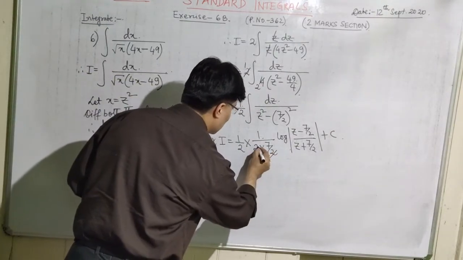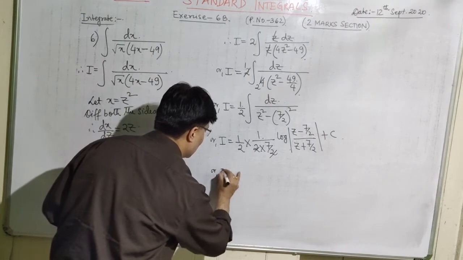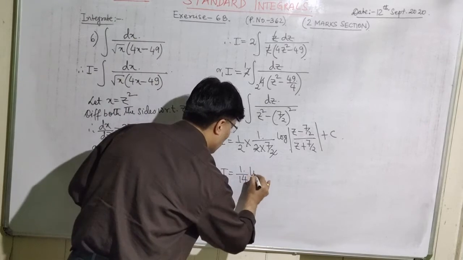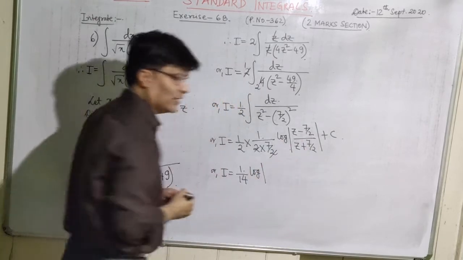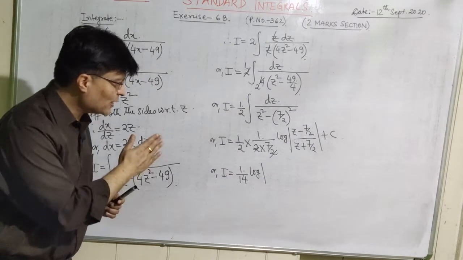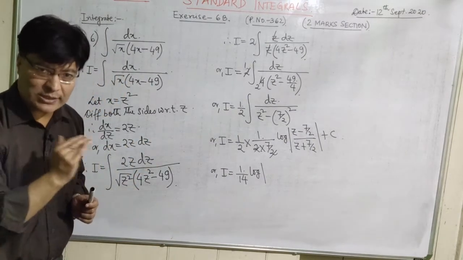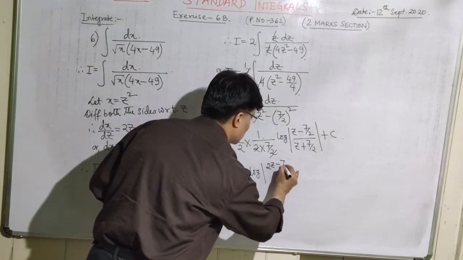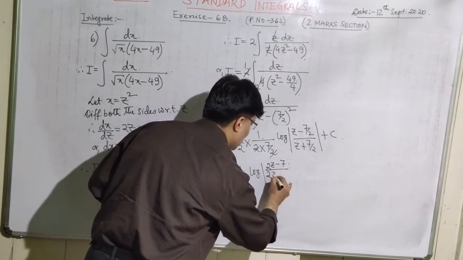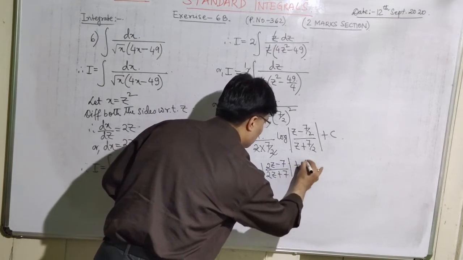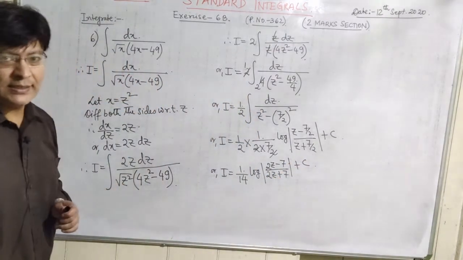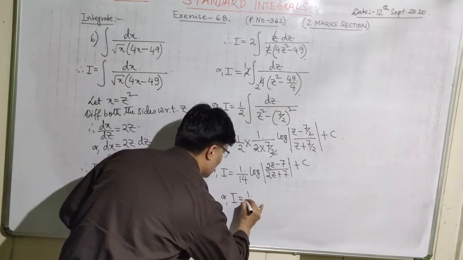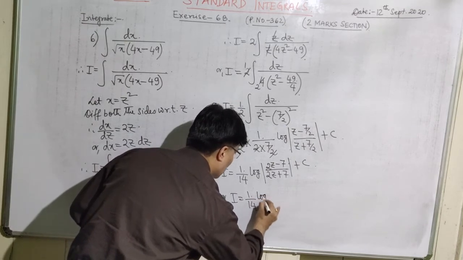So now here you can cancel this 2, or I is equal to 1 upon 14, right? So log within mod, you can simplify it. In both the numerator and the denominator, what's the LCM? 2 is the LCM. You can cancel them. So after simplification, you'll get 2z minus 7 divided by 2z plus 7, mod sign closed, plus c. Okay, so let us put the value for z here, or I is equal to 1 upon 14 log within mod.